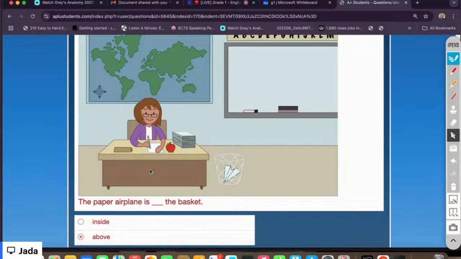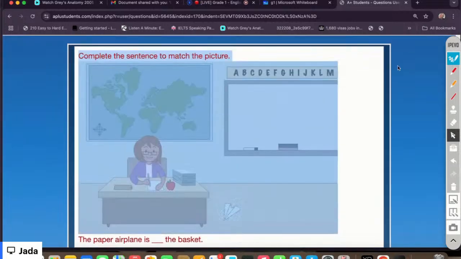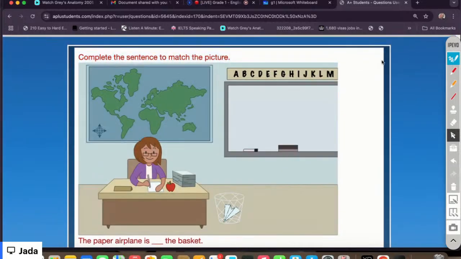So, what's the right answer? So, we have inside because look at the basket here, and the airplane is inside, not above. So, we have inside. Okay.